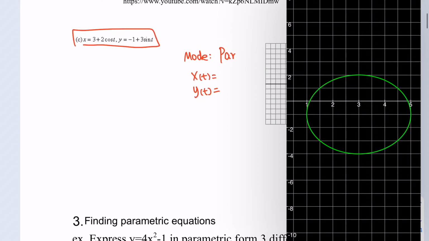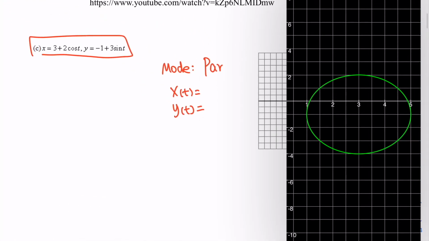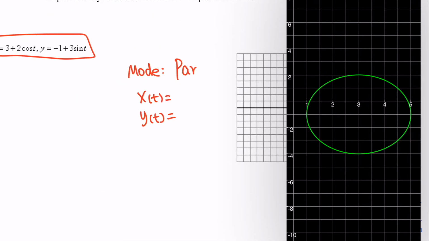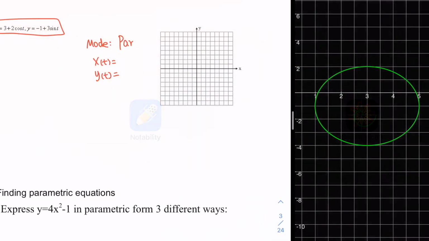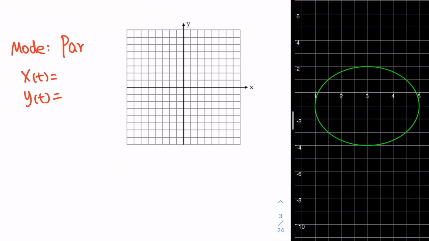It will look something like this. It's very similar to an ellipse. Now you can click the trace button on your calculator. It will give you a point, and if you keep pressing the right arrow, it will give you the direction. So the direction should go counterclockwise.